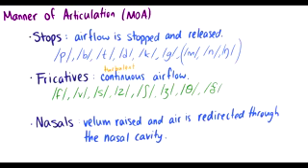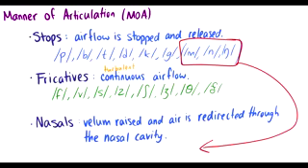And I believe that about covers all of the fricatives we have in English. I might be missing one, but I think that's most of them. And of course then we have nasals, which are these sounds right here. And nasals generally are stops, so it's kind of a weird classification we have there. But this is when we lower our velum.